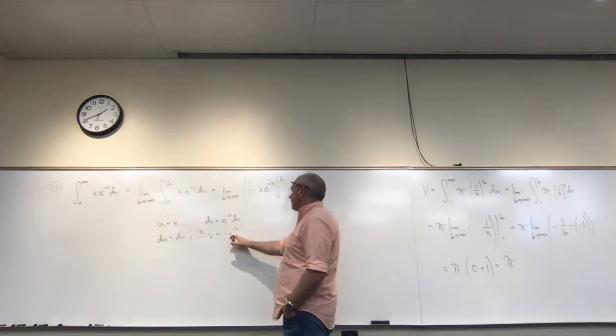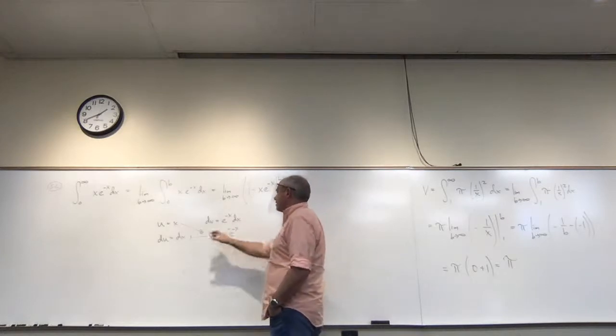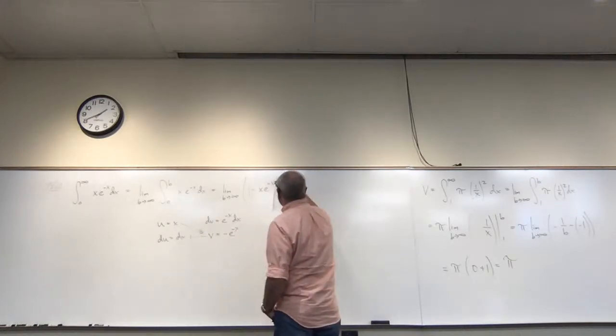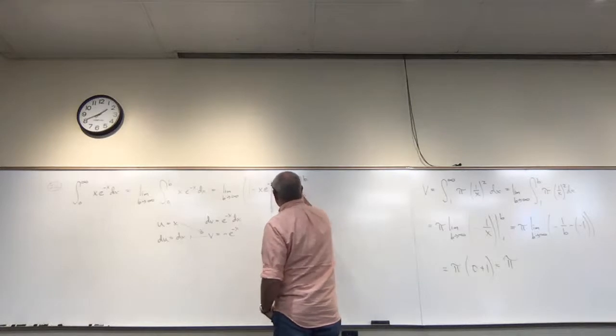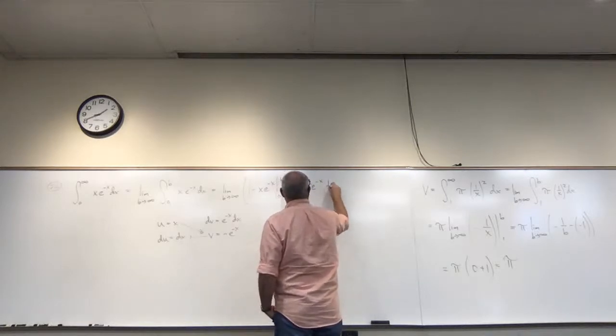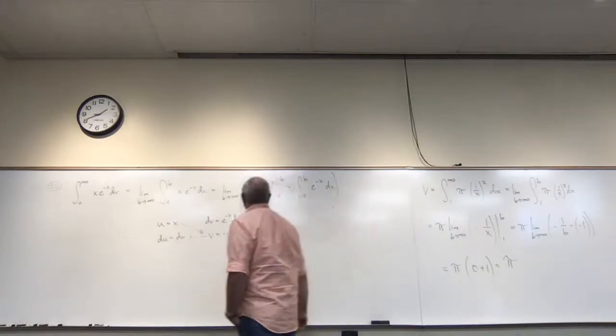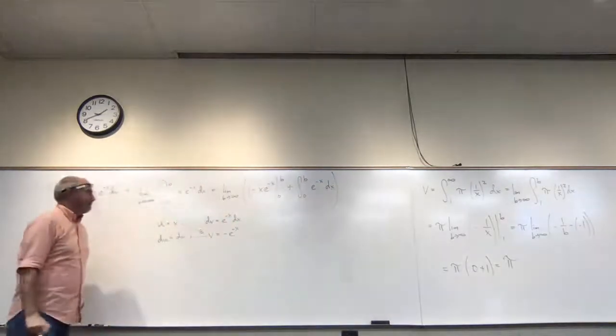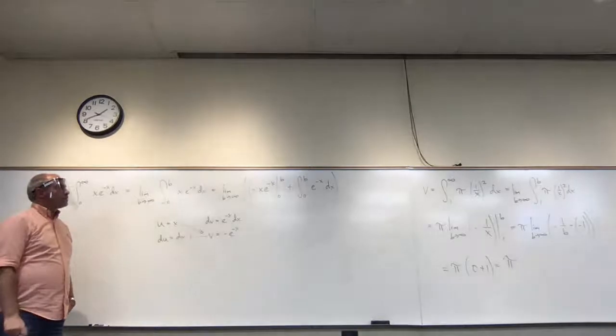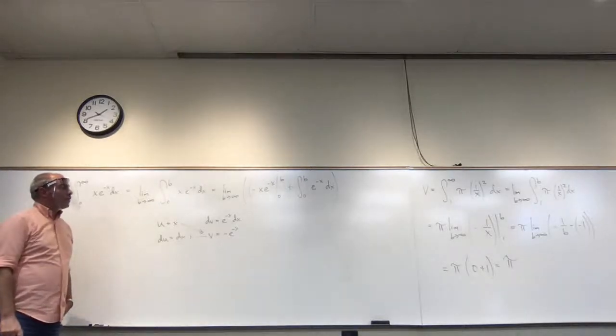So that's negative e to the negative x times dx. The negative can be pulled outside to make that positive. So then I just have e to the negative x dx. Okay.